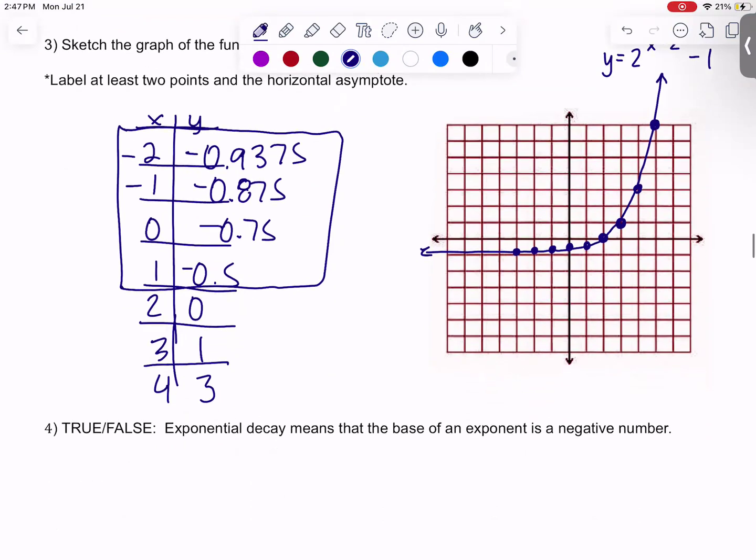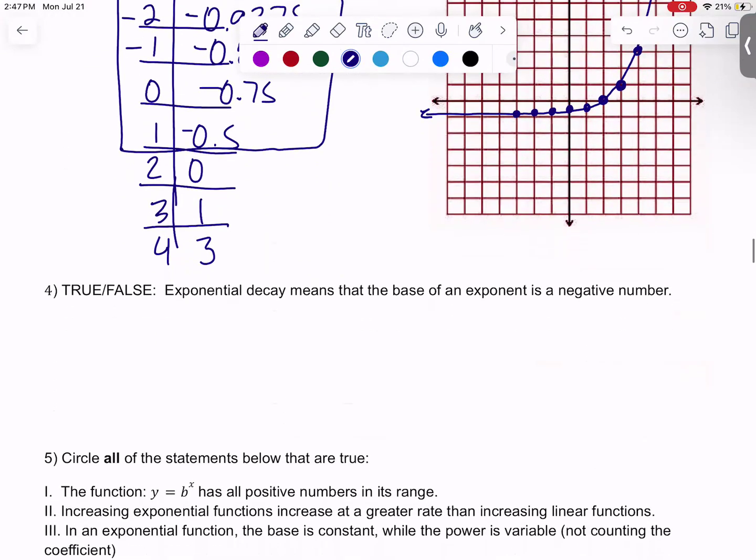Okay. Number 4. True or false? Exponential decay means that the base of an exponent is a negative number. And that is false.